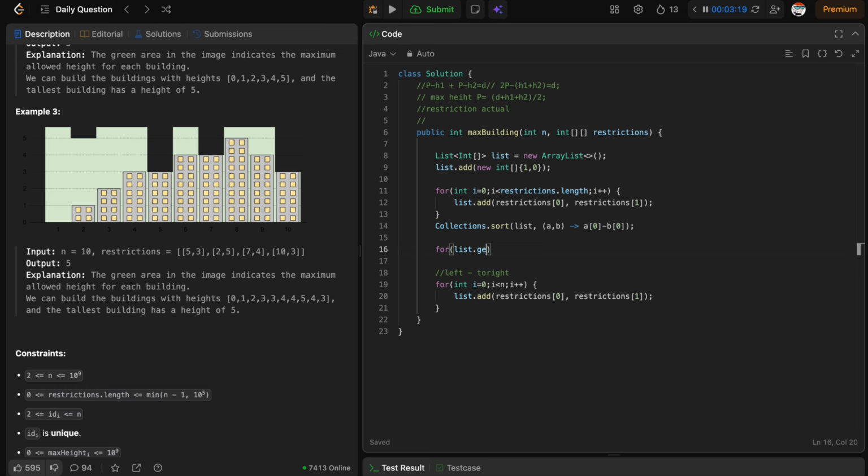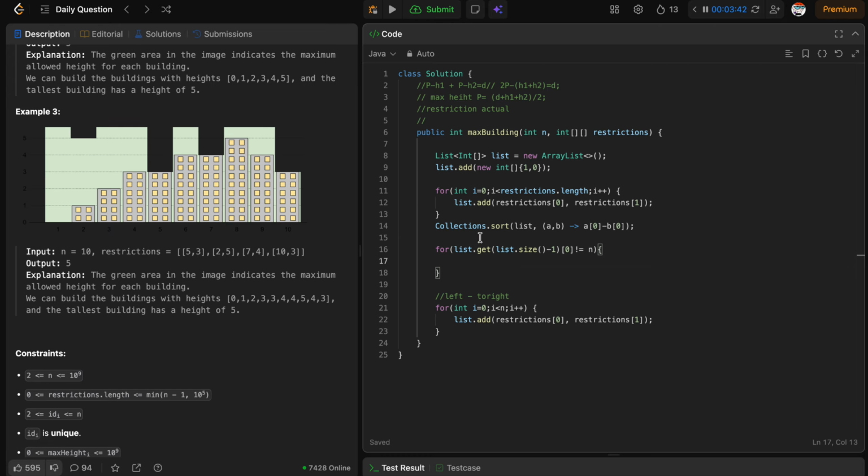We check the size, and the value of 0 is not equal to n, basically the size.